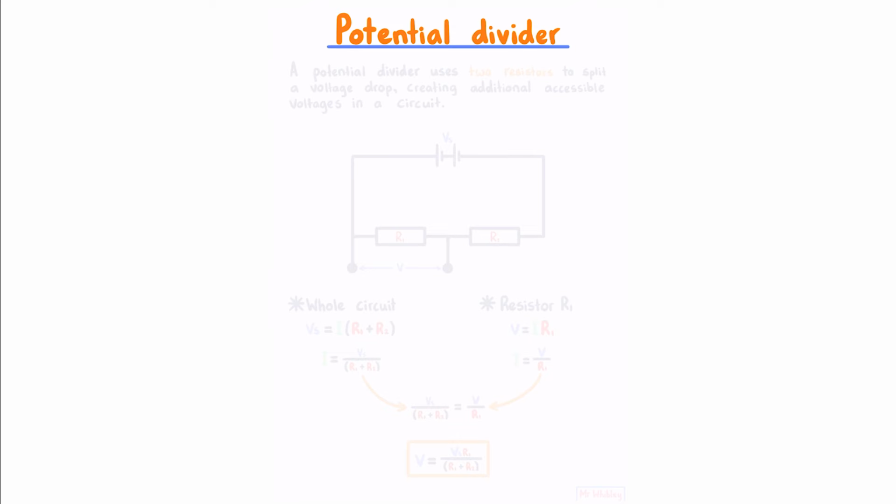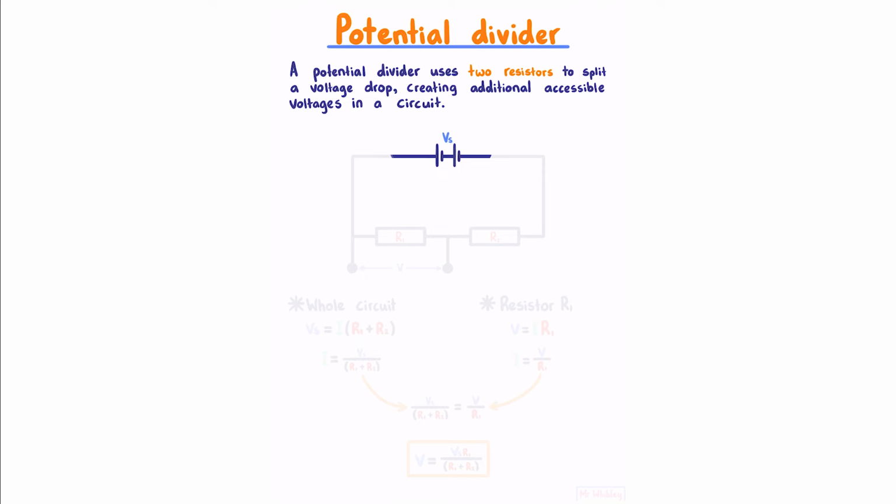Potential divider. A potential divider uses 2 resistors to split a voltage drop, creating additional accessible voltages in a circuit. So for example, if we had a source voltage Vs, and we connected that up to 2 resistors R1 and R2, the voltage drop Vs is going to be divided between these 2 resistors, and if we were to connect wires across one of the resistors, in this case R1, we would have access to a secondary voltage.